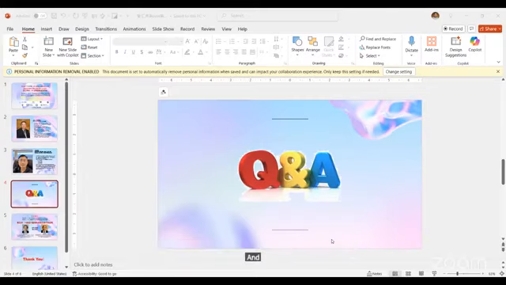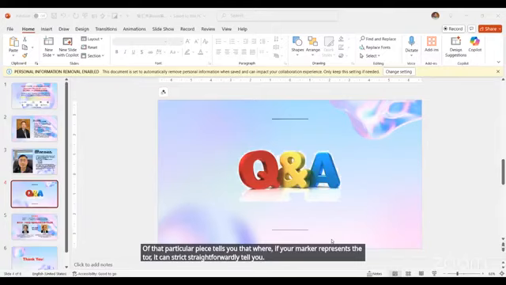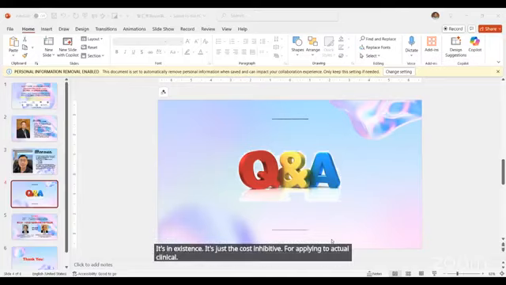In this case, the most labor-intensive way is to cut serial sections of the tissue block, especially at the edge of the surgical resection, and stain each one of them. Right now the computer algorithms are mature enough to rebuild a 3D image or rendering of that piece. If your marker represents the tumor, it can straightforwardly tell you where the tumor is infiltrating in the third dimension, not just the 2D planes. It exists; it's just cost-prohibitive for applying to actual clinical practice.